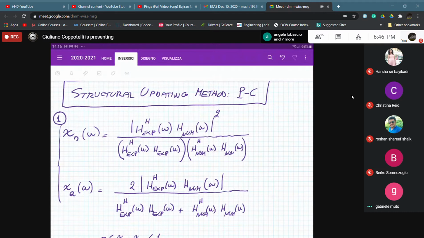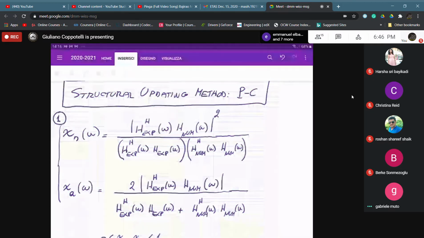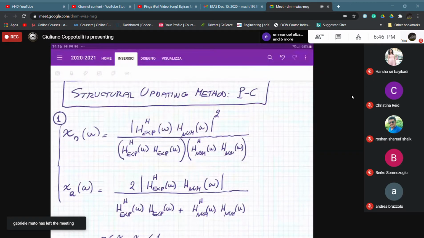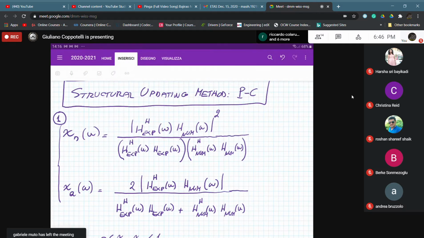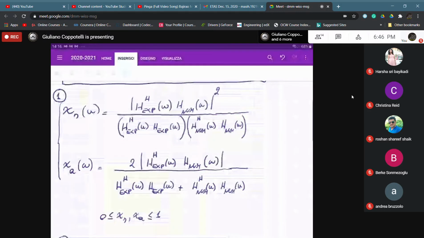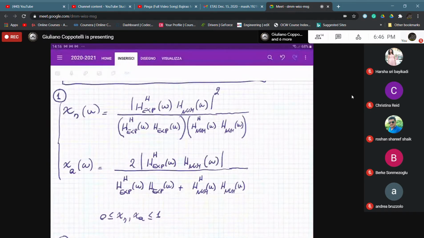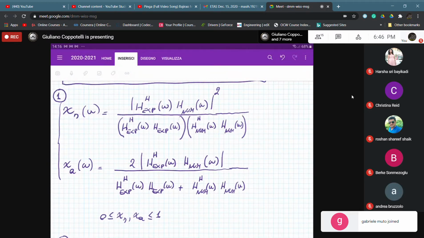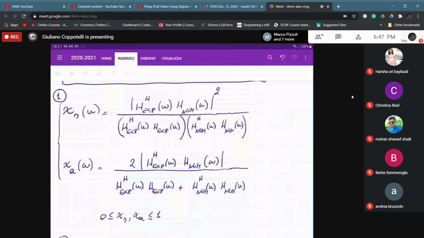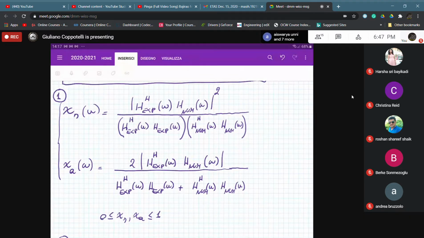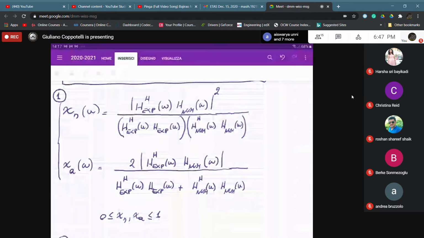The chi-s and the chi-a functions are defined in the frequency domain, and they are correlating the experimental and numerical frequency response function in the way that we have written here. The basic thing of these correlation functions, because of their definitions, is that they are all defined in a 0-1 range. 0 means that there is no correlation at all. 1 means that there is a perfect correlation.